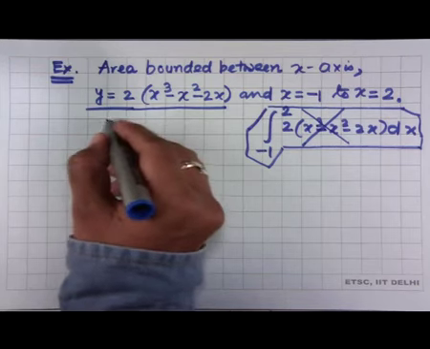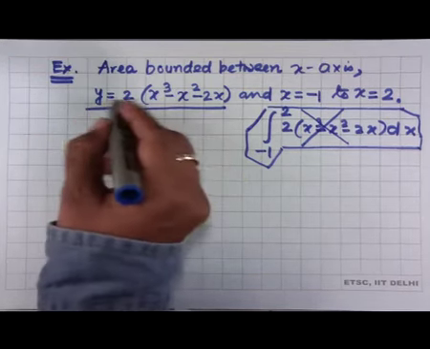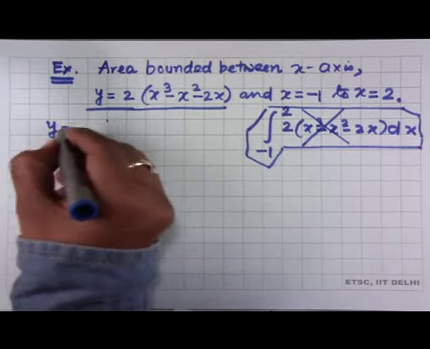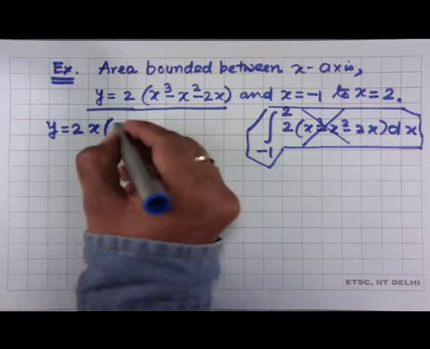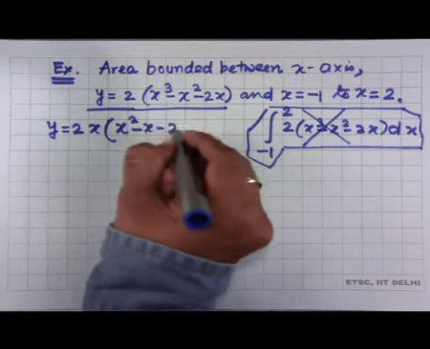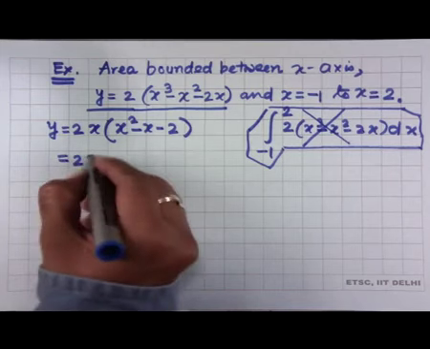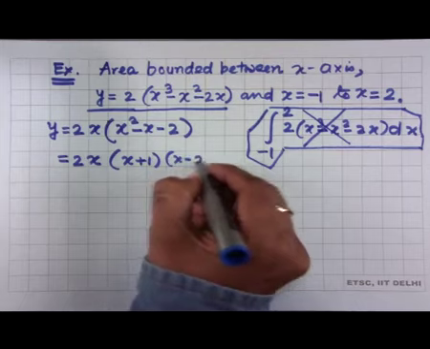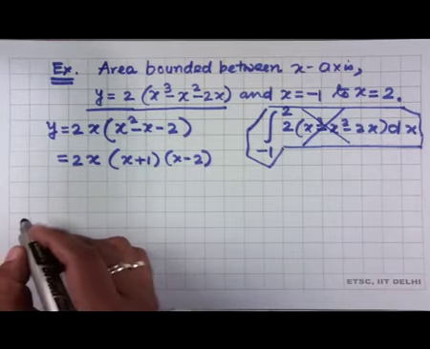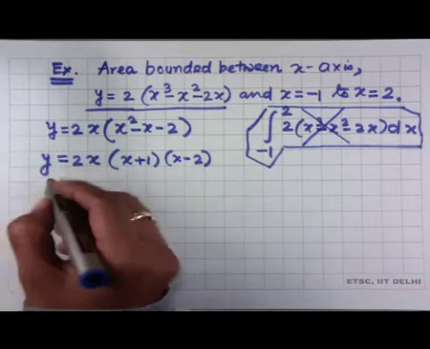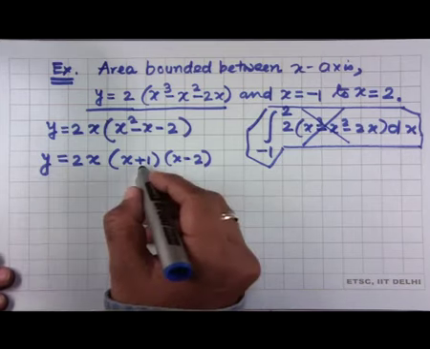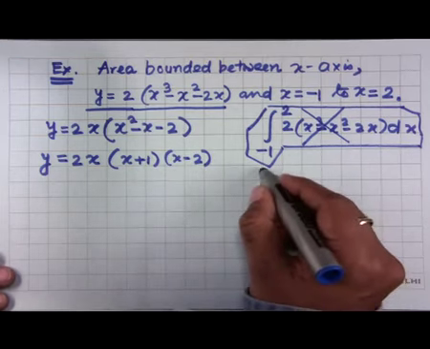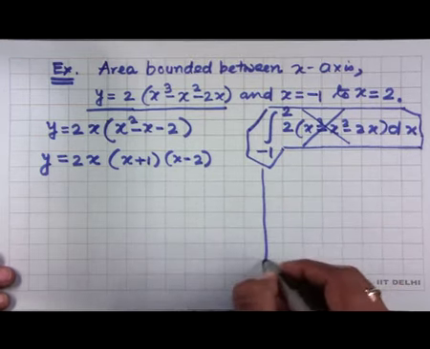So, you have to have some idea of the curve, where it is positive and where it is negative. For that, let us try to factor y equals 2x cube minus x square minus 2x. You can write this as, which you can write as, so you can see that at x equals 0, x equals minus 1 and x equals 2, this curve is crossing the x axis.